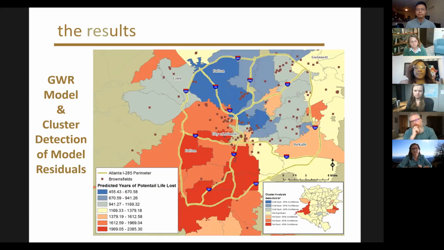When adjusting, the entire west central and southeast area of Atlanta became the most significant locations of potential life loss, indicated by the red shadings. An examination of the residuals in the inset map shows a relatively random distribution, demonstrating that the independent variables did a good job explaining premature mortality in this study.